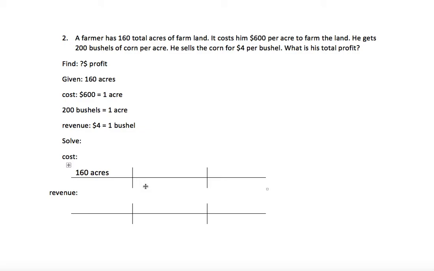And so we'll start by putting 1 acre in the denominator so that it cancels, and $600. And then we'll cancel out our acres, and we'll get a cost of 160 times 600, and that is 96,000 even. Imagine being a farmer and having to spend that much money.